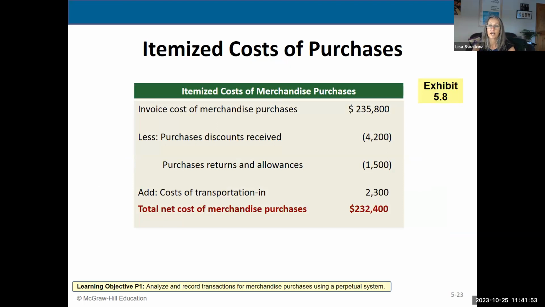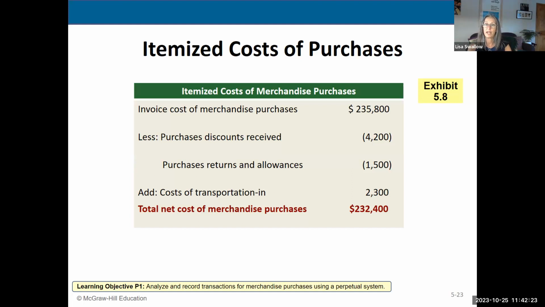So now we've got just a little bit more of an overview of the model that goes into what is all sitting in your inventory account. I wish this said just how you would set up your inventory account. Say that for those Halloween decorations, $235,800 was how much I agreed to buy.